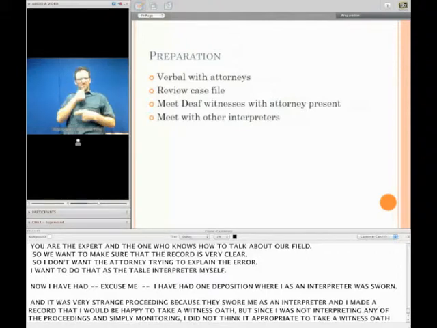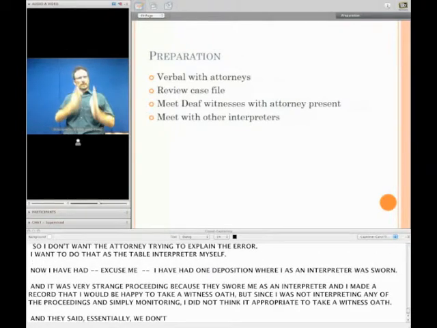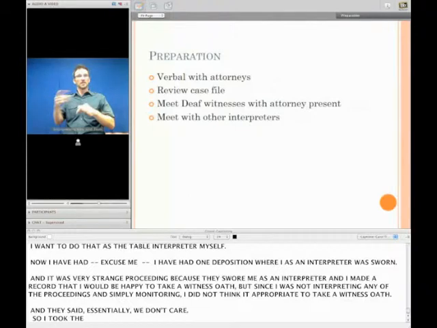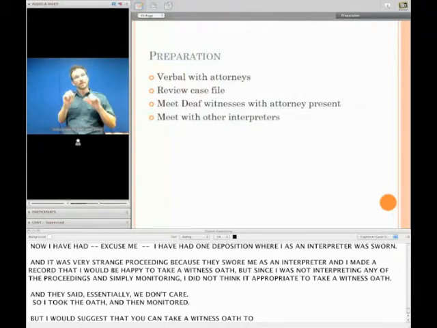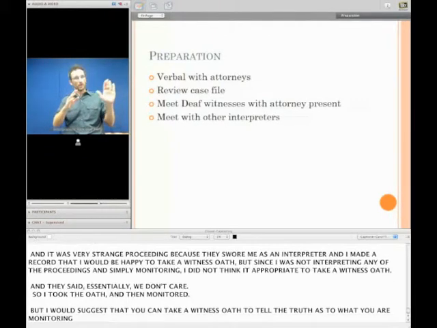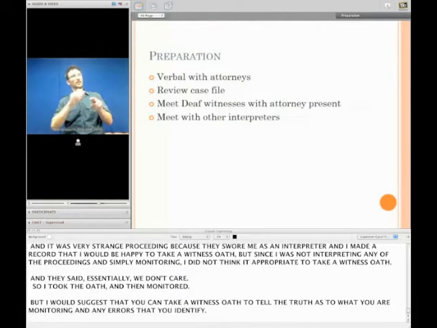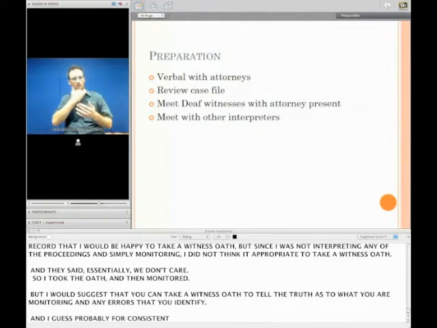And they said, essentially, we don't care. So I took the oath and then monitored. But I would suggest that you can take a witness oath to tell the truth as to what you're monitoring and any errors that you identified. And I guess probably for consistency it should be done at the beginning, but if it doesn't, then it will be at this moment, as you mentioned.